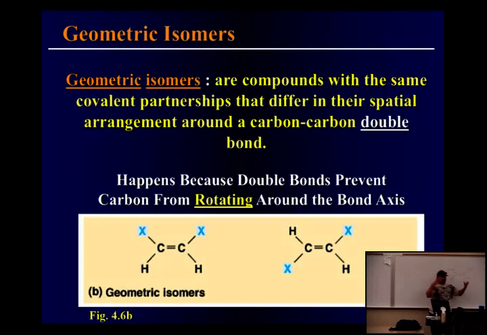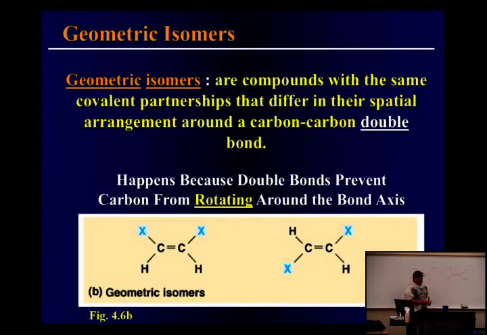Right, so if I have oranges with two sticks in them, or you guys built these models, right? You had the oxygens with the double bonds. Could you spin those? No, because the bonds would hit each other, right? It would prevent you from doing that. So in this case, these are different molecules.